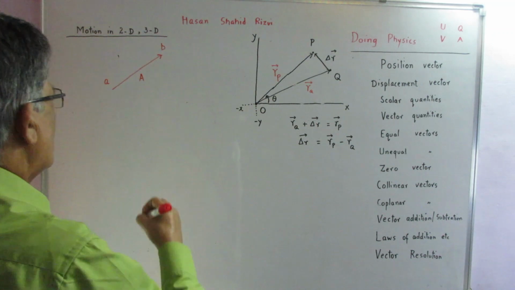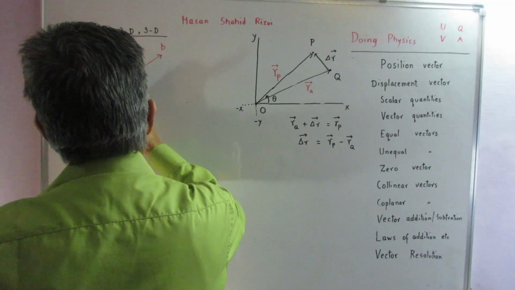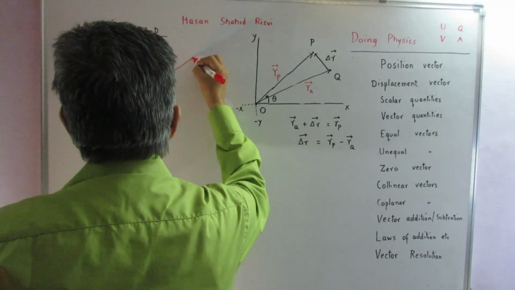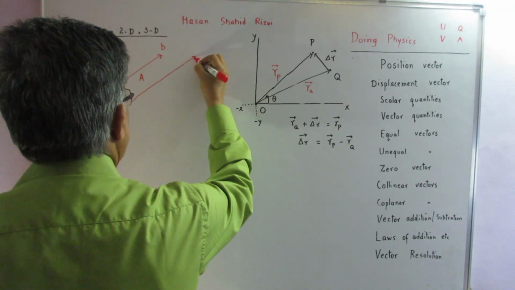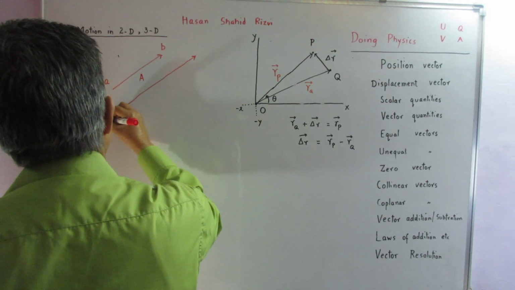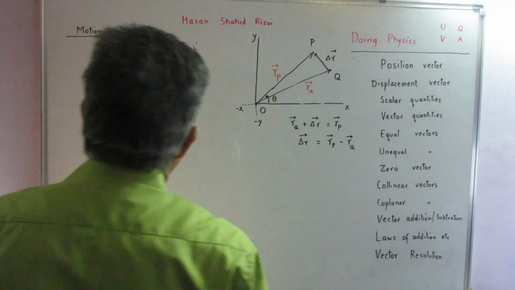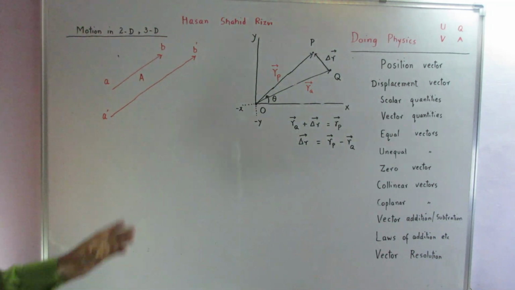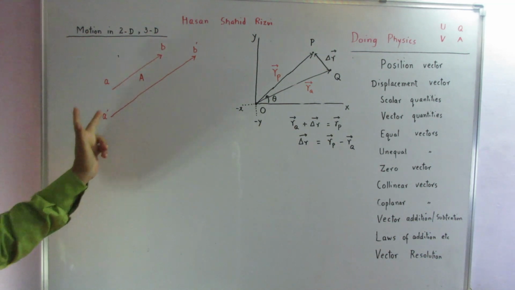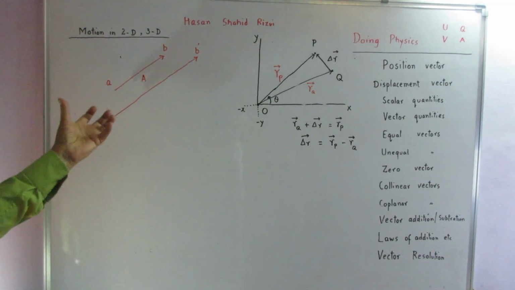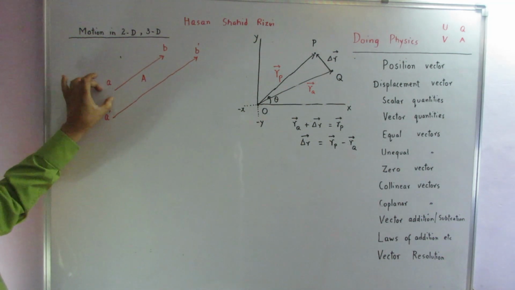But allow me to draw another vector parallel to this vector, starting from another point A prime and ending at B prime. And it appears to you, and it's true, that the length of this vector from A prime to B prime is twice the length of the earlier vector.